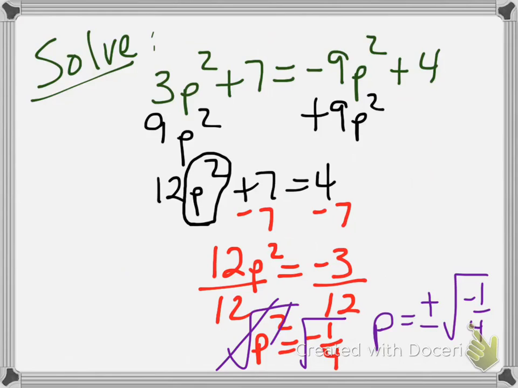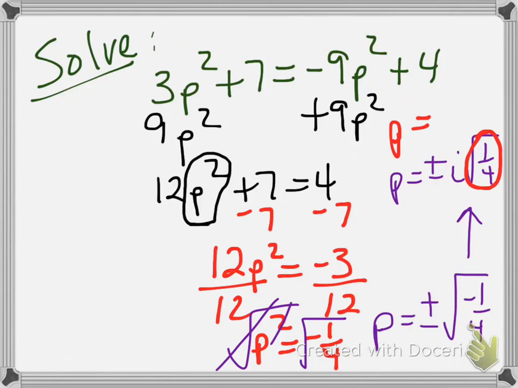Okay? But this is going to simplify because I can take i out of the problem. And I can actually simplify this even better because the square root of 1/4 is the square root of 1 over the square root of 4.